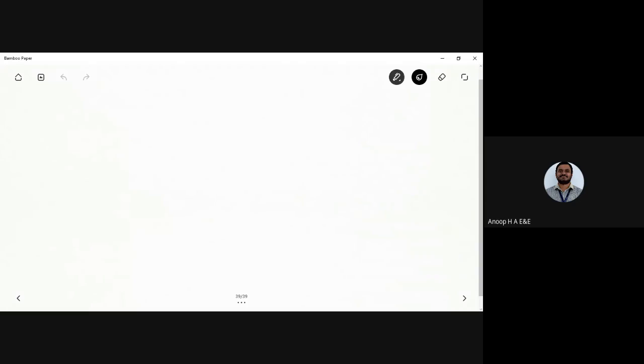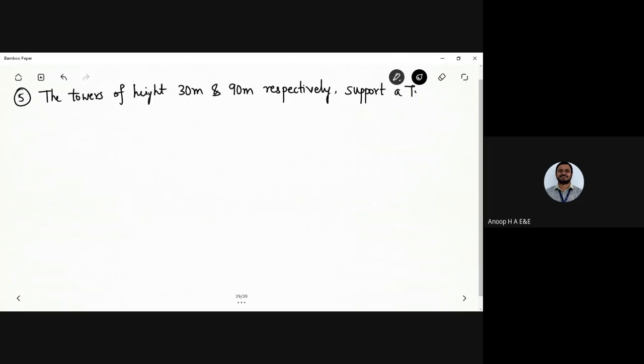Let me give you a problem right now. The towers of height 30 meters and 90 meters respectively support a transmission line at a water crossing.